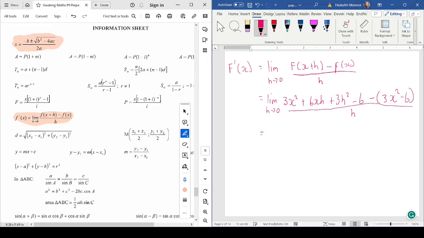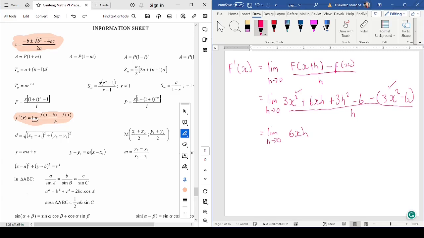Fortunately, we have to keep writing this limit as h turns to 0. 3x squared is going to be subtracted by this one. Okay, so it's not going to be there. 6xh, there's no other term like it, so I will write it down.